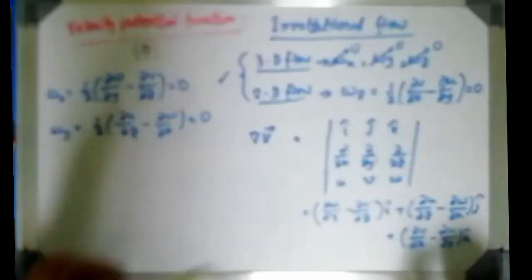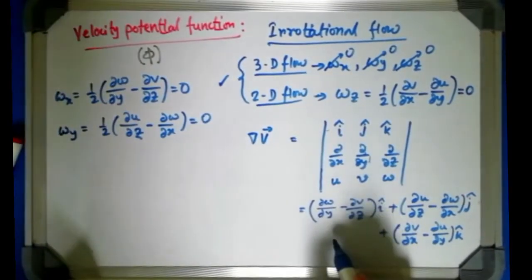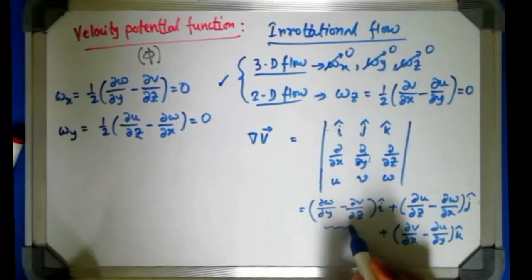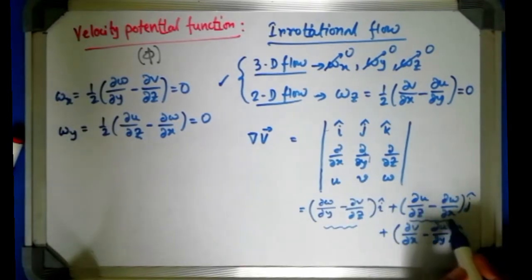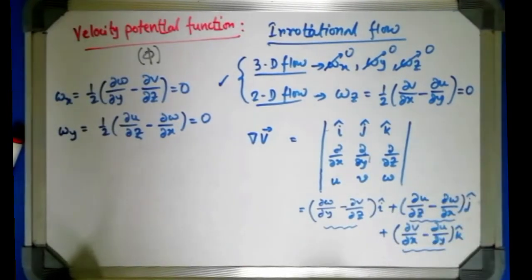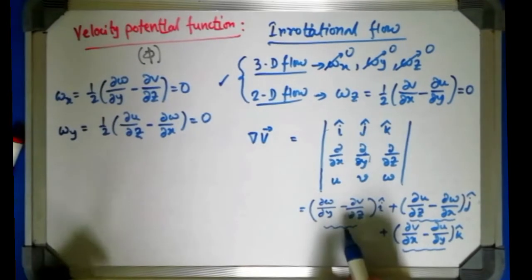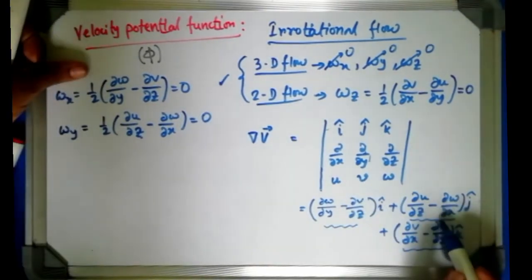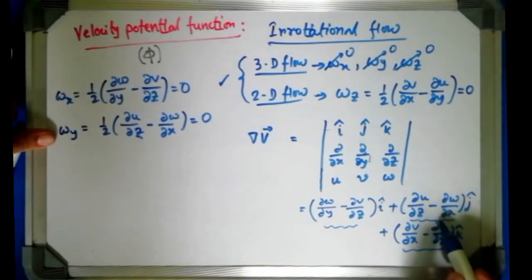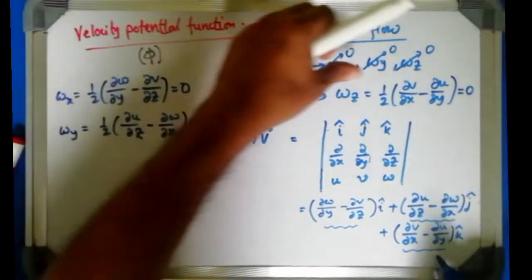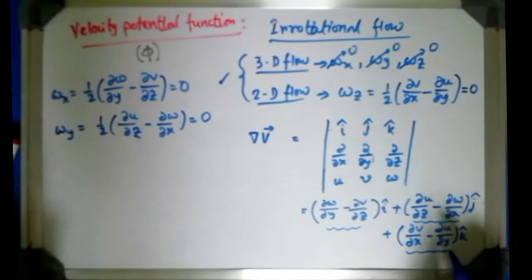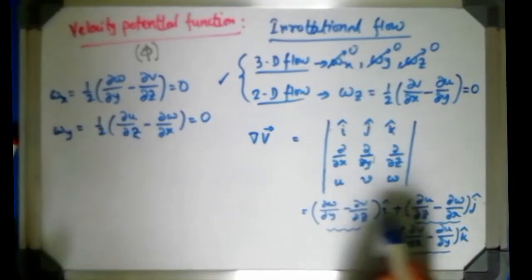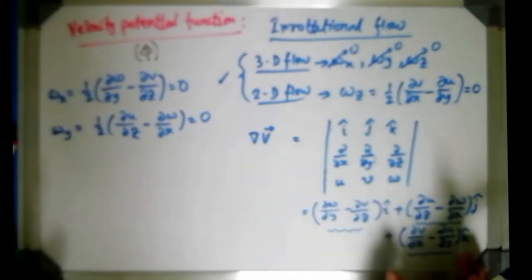Now see, after making this kind of determinant form, you can see these terms are very well known to us. They are the rotational components. This component I have written here is omega x, this component in the y direction is omega y, and this one in the z direction is omega z. For irrotational flow, I have already stated all these components will be equal to 0. So what does this mean?